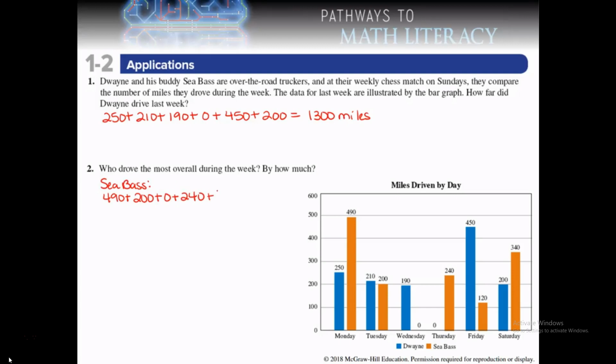So comparing the two, it looks like Seabass drove more, and then by how much? So we'll take 1,390 and subtract 1,300, and that tells us that Seabass drove 90 more miles that week.